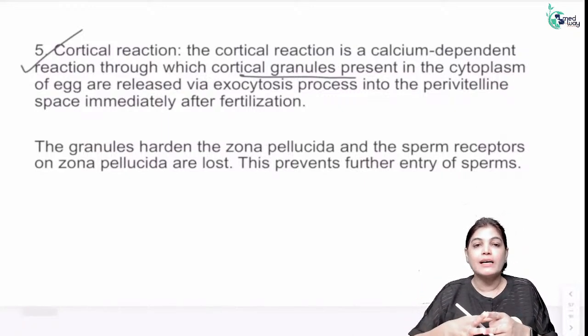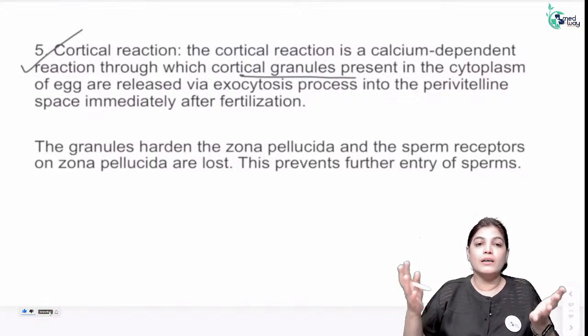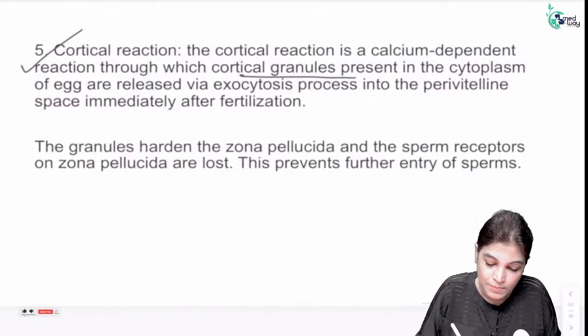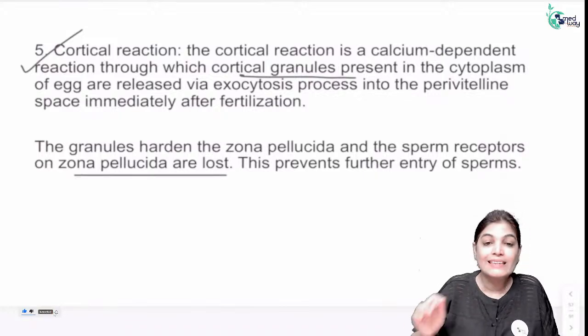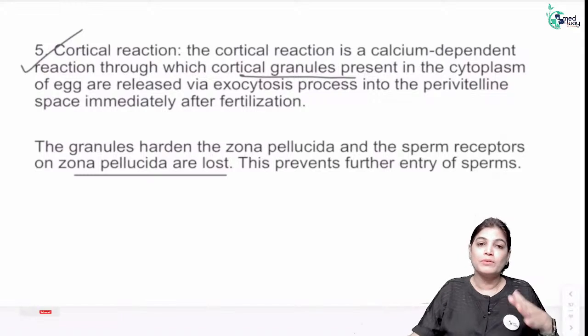Because of this, the granules harden the zona pellucida and the sperm receptors on the zona pellucida are lost, and this will prevent the further entry of any other sperm and prevent polyspermy.